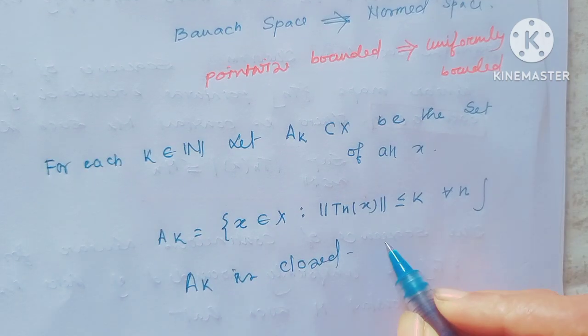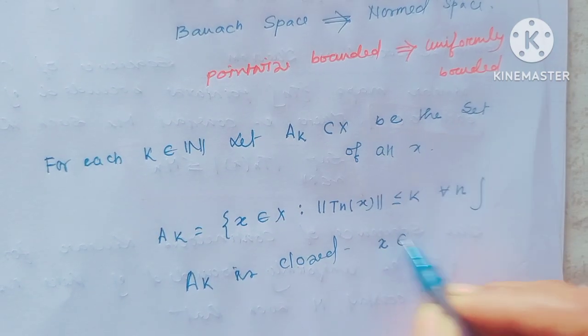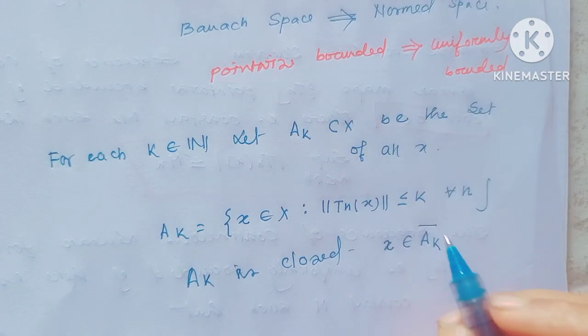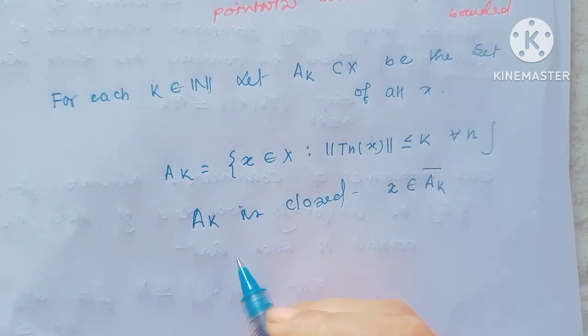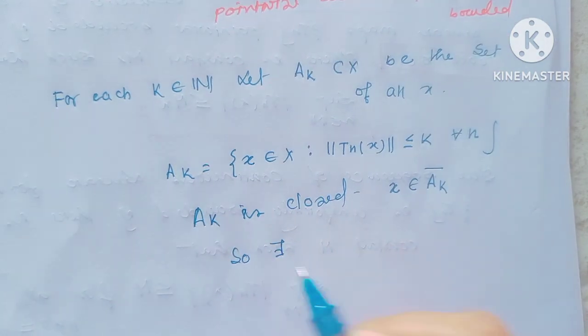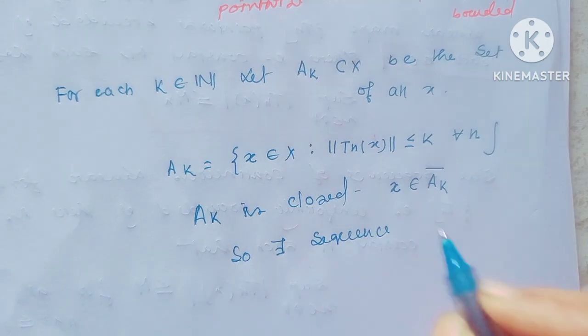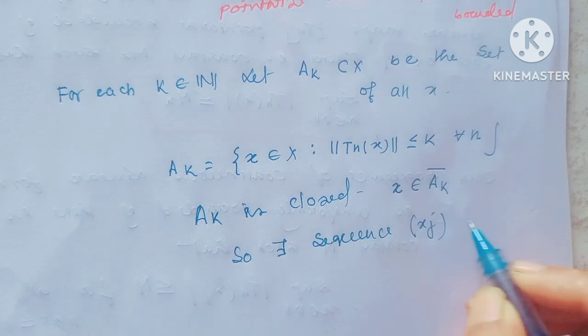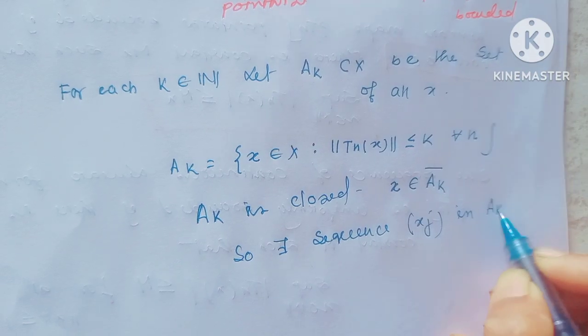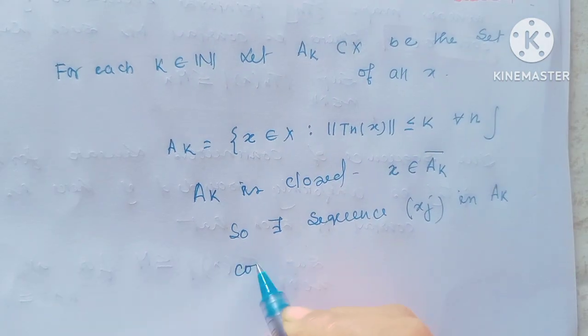To show Ak is closed, take x belonging to the closure of Ak. So there exists a sequence xj in Ak converging to x.